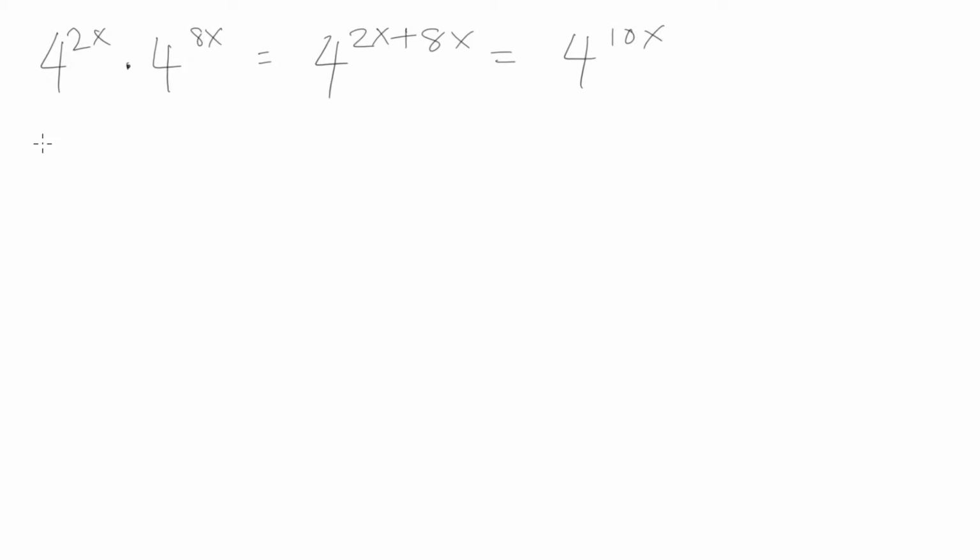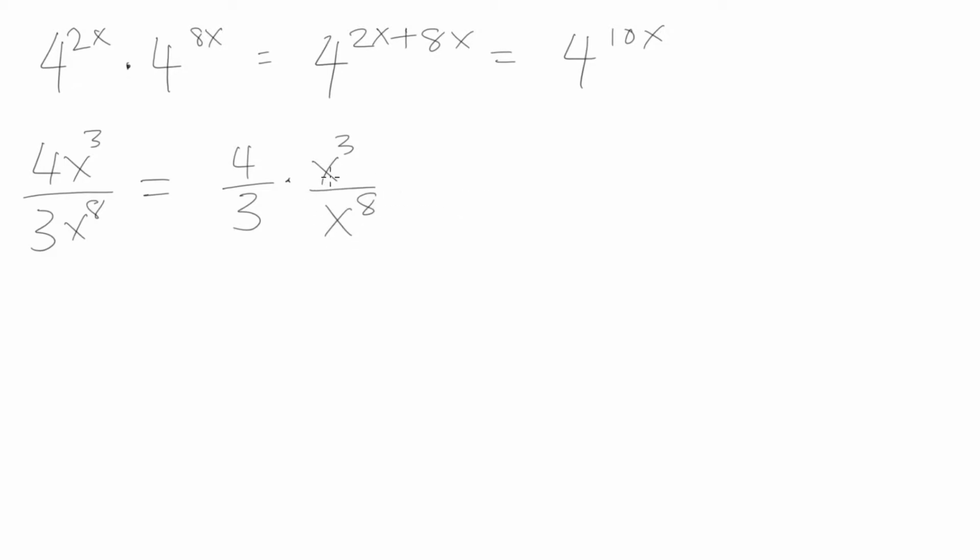Now let's say we had 4x cubed divided by 3x to the power of 8. Now this example here can be written as 4/3 multiplied by x to the power of 3 over x to the power of 8.